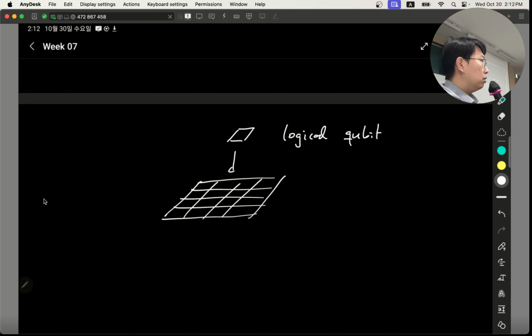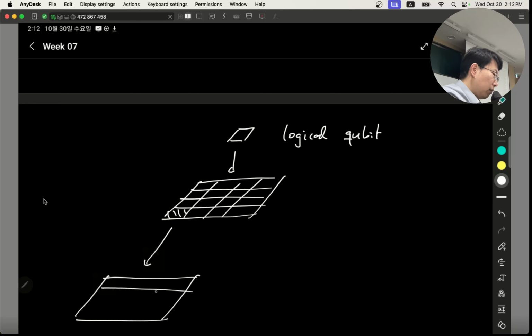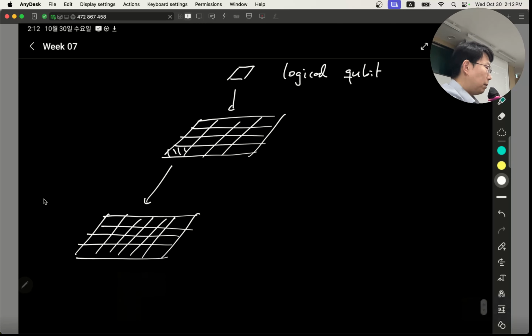But then you don't need to use the physical qubits to encode one logical qubit. Each of these qubits that makes up the logical qubit could be another logical qubit that each consists of many more physical qubits. Maybe it's the same size as this one.